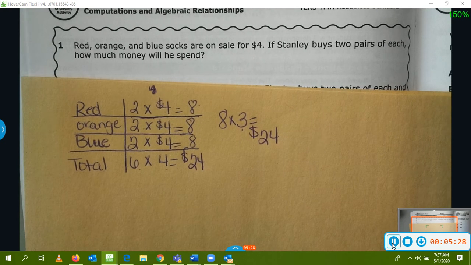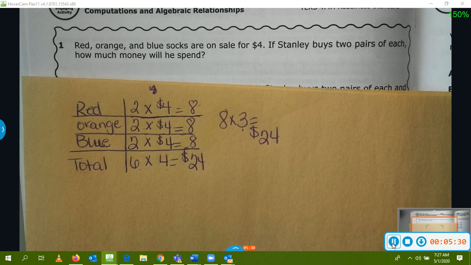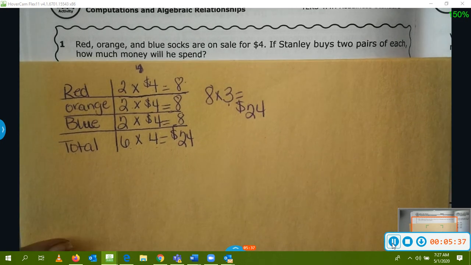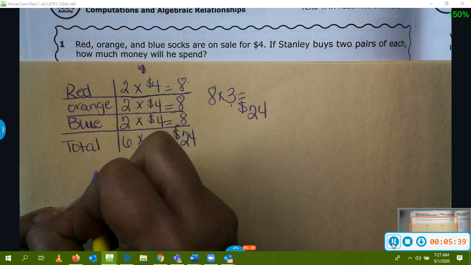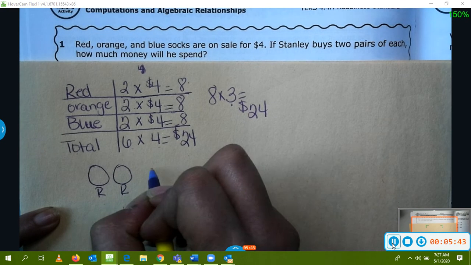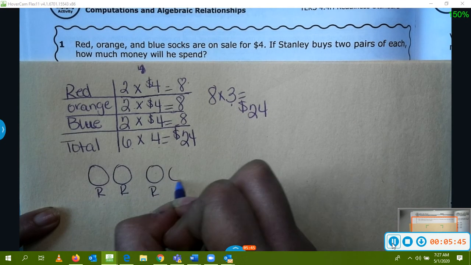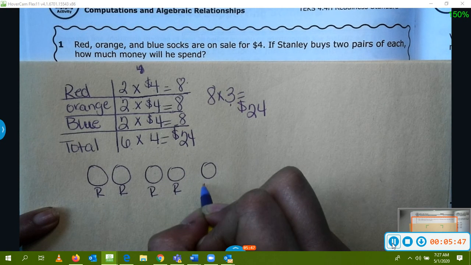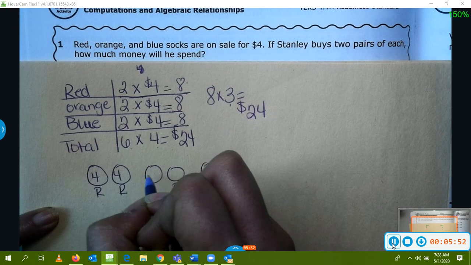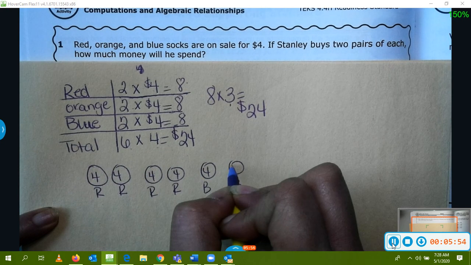There are several ways you can get this. So let's just draw another picture just because. Make sure we capture everybody. So red, orange, blue. You spend $4 for this one, $4 for that, for each one, right?